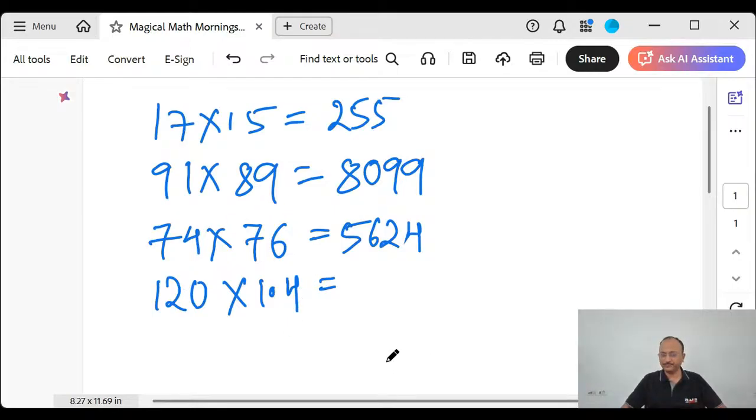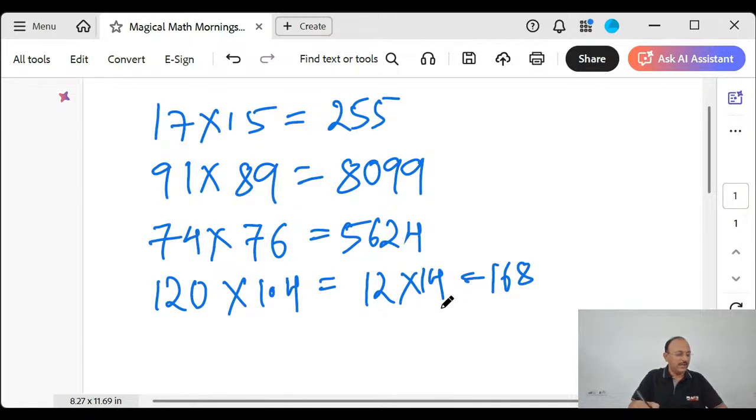Correct? Yes. Some of you are very fast. It actually gets converted to 12 into 14. 13 square is 169. The answer you have typed is 168. It's absolutely right.